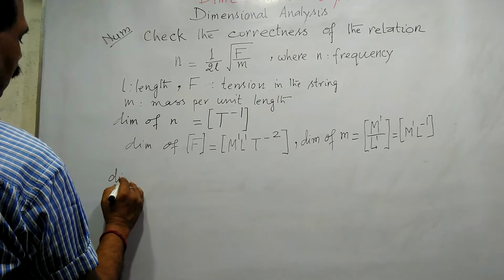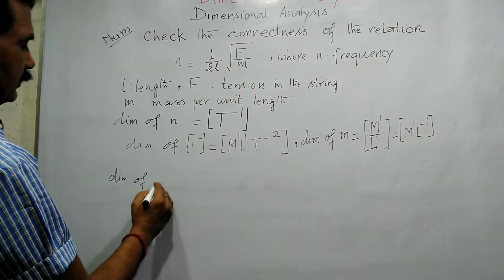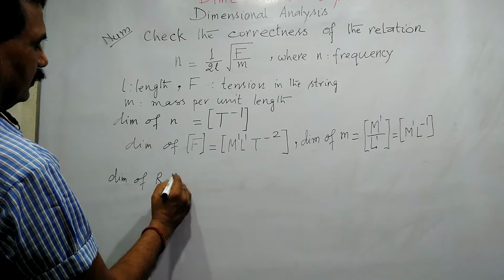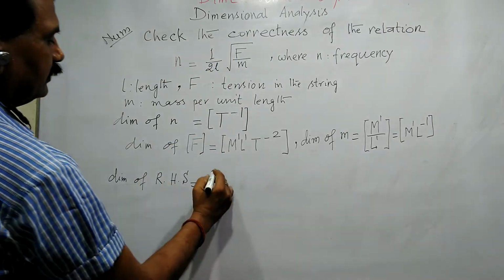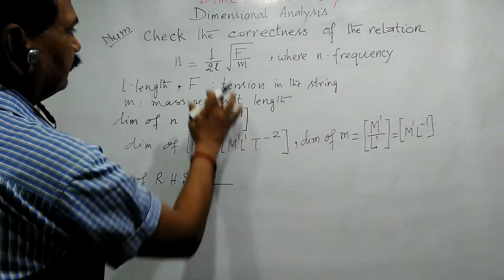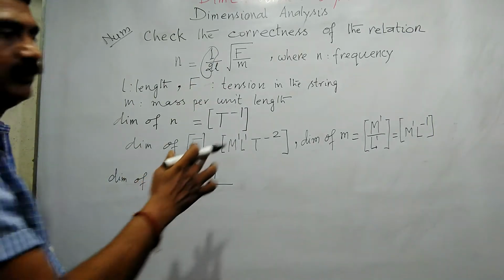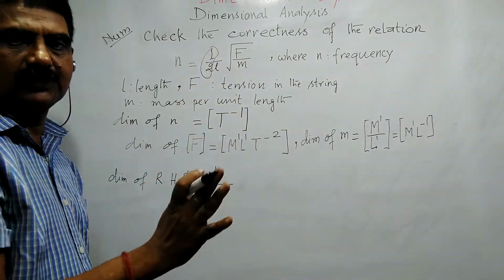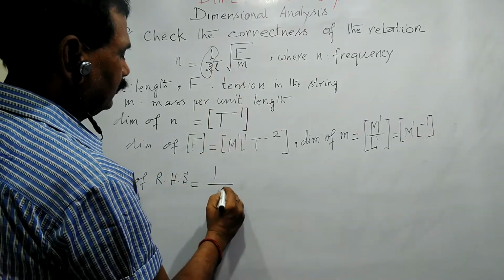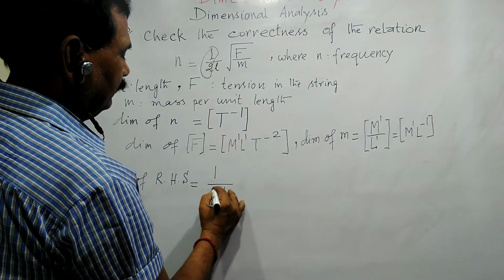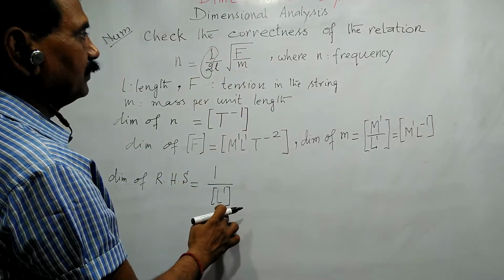The dimension of the quantities in RHS, we take the dimension of all. Then the 1 by 2 doesn't matter, as told in the limitations, a constant does nothing. Then the dimension of L will be L to the power 1, so 1 by L to the power 1.